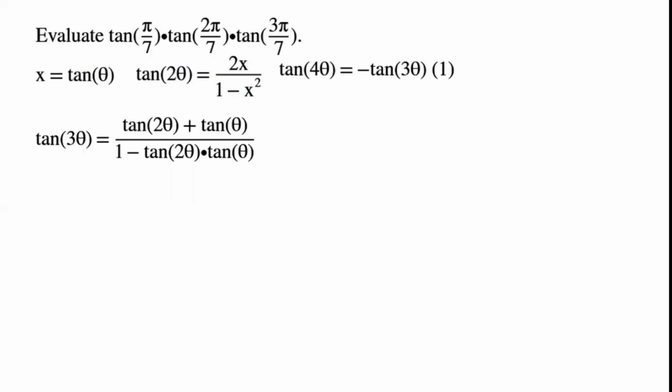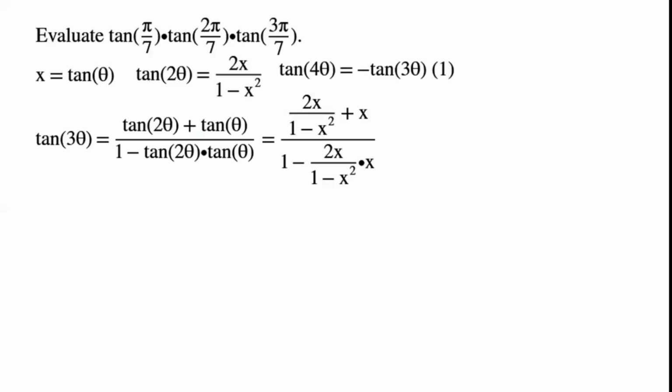By the addition formula, tan 3 theta can be written as tan 2 theta plus tan theta over 1 minus tan 2 theta times tan theta. Substitute tan theta equals x.